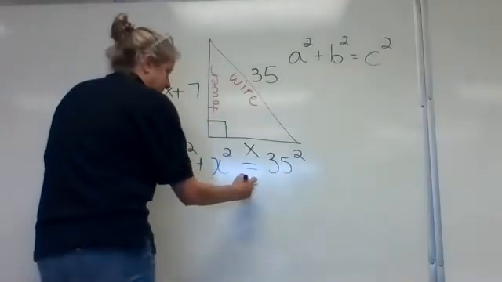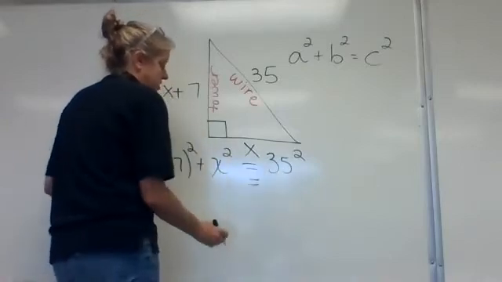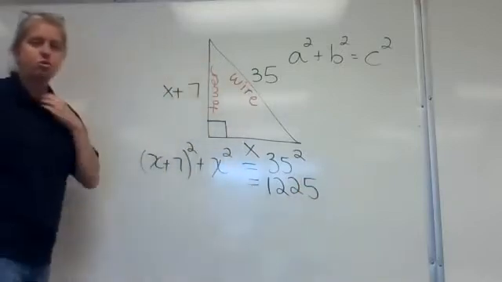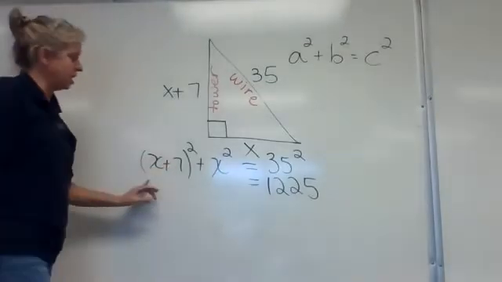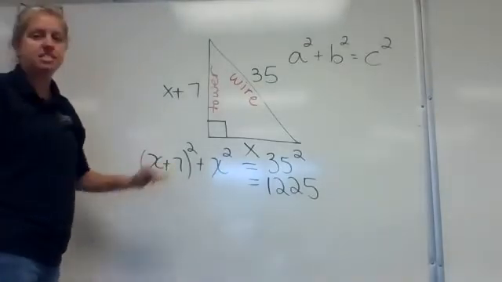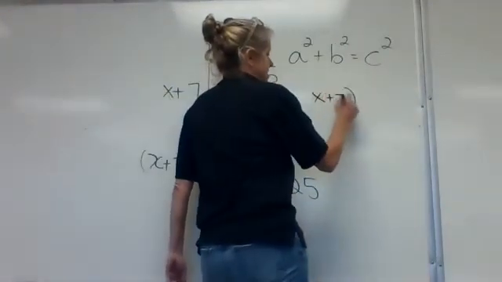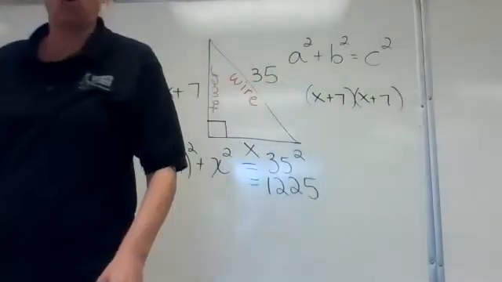So let's see. This right side is not too bad to figure out. 35 squared just means 35 times 35, which gives me 1225. Over here, I've got a little bit more work to do. X plus 7 squared, what does that mean? That means x plus 7 times itself, so I'm going to have to FOIL that.